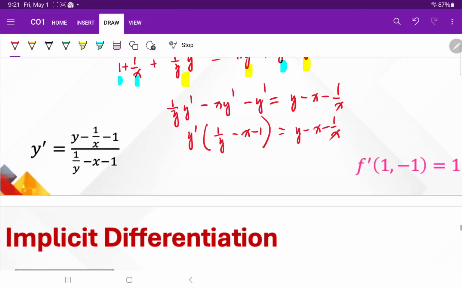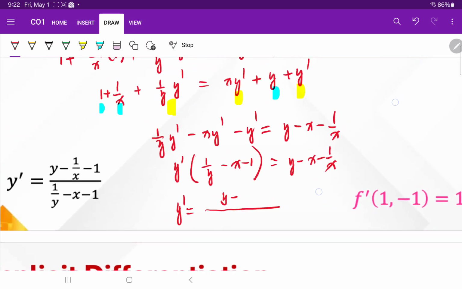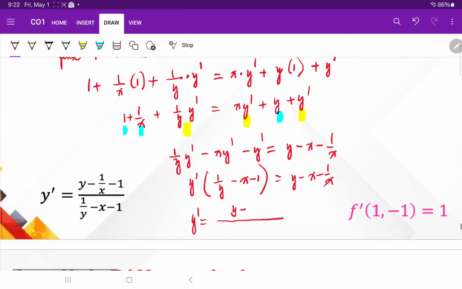So, if we solve for y prime, that will give you, hold on, there's something wrong. Let me recheck the right side.